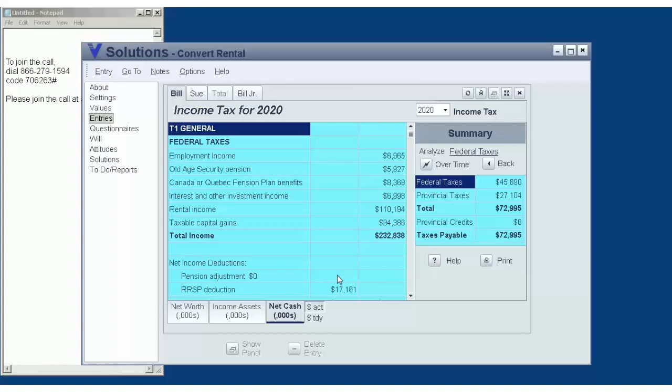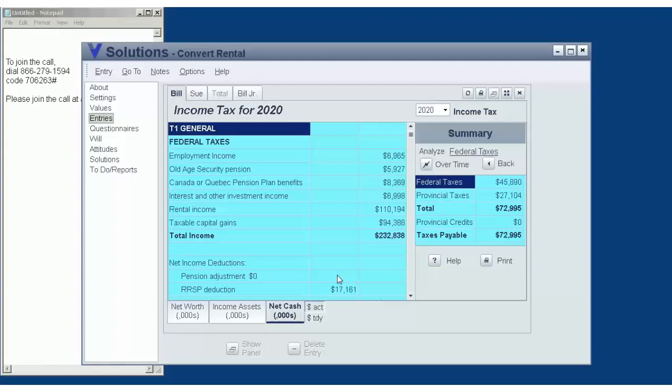And the reason, of course, people make these CCA claims is because it's that accounting charge against the actual income from the rental property. As we saw, we had $16,000 of rental income net after property taxes and operating expenses, but our taxable rental income was only a couple of $1,000s.